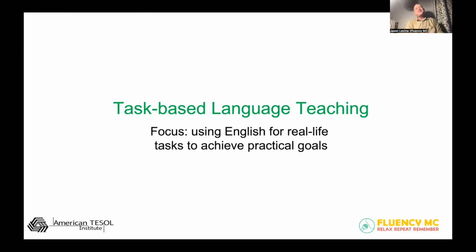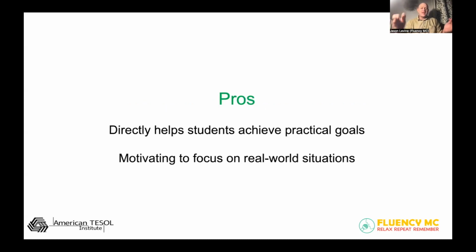Even though CLT, communicative language teaching, is using authentic materials, realia, it's still not focused enough on achievable goals. What are the things that students need to do? Make it more practical. They're going to be more motivated, right, if it's a task that's something they need to do for school, for their life. So it's kind of taking the idea of CLT to another level.